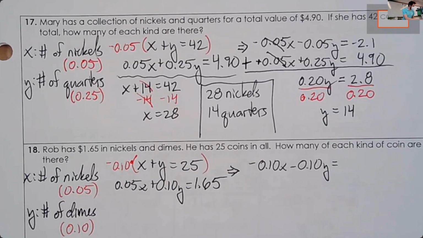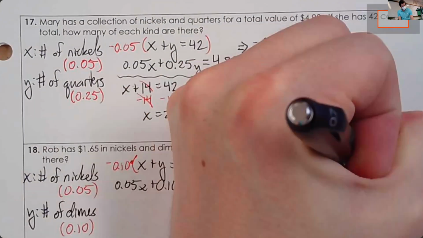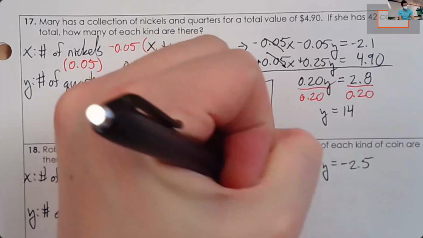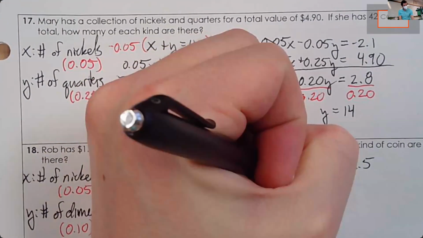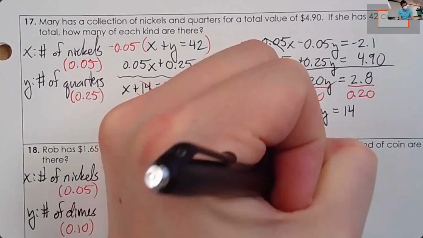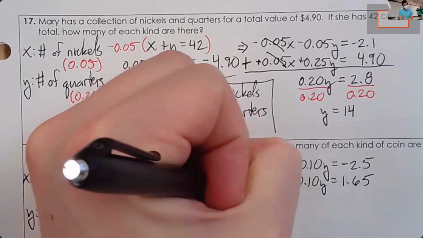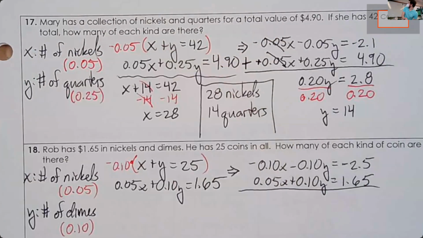So times negative 0.1 is negative 2.5. There's that first equation multiplied by negative 0.1. The bottom equation stays exactly the same, 0.05x plus 0.10y equals 1.65.